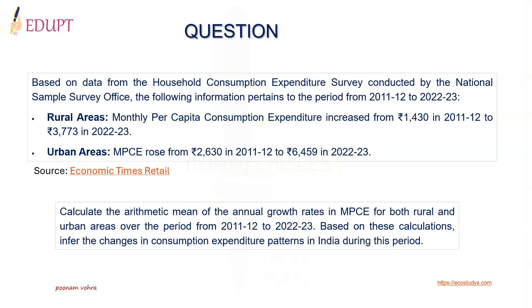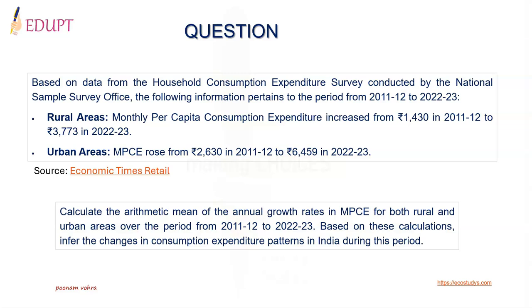So far as urban areas are concerned, monthly per capita consumption expenditure rose from 2,630 rupees in 2011-12 to 6,459 rupees in 2022-23. This information has been taken from the Economic Times Retail.